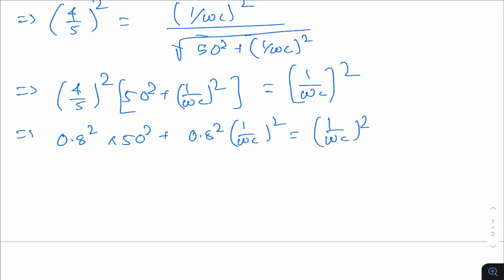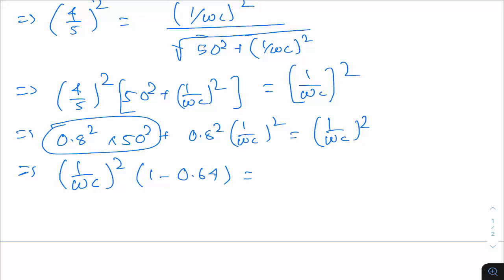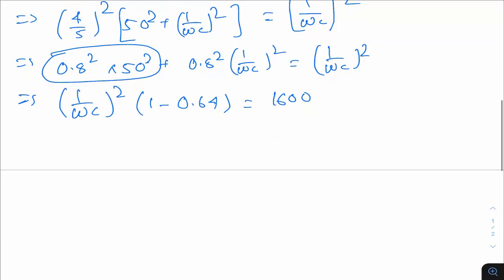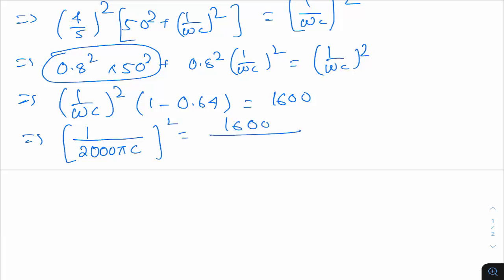So that means if I take this (1 by omega C) whole square as common, this happens to be 1 minus 0.8 square, which is 0.64. And if you simplify the other quantity, this happens to be 1600. Okay. So that means (1 by 2000 pi C) whole square equals 1600 divided by (1 minus 0.64).